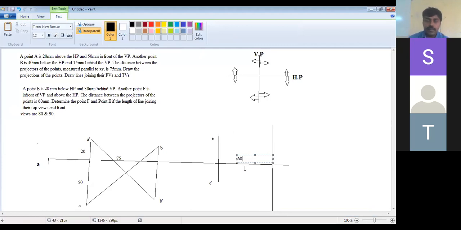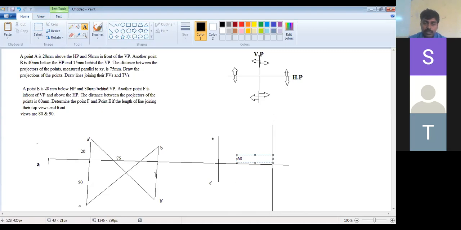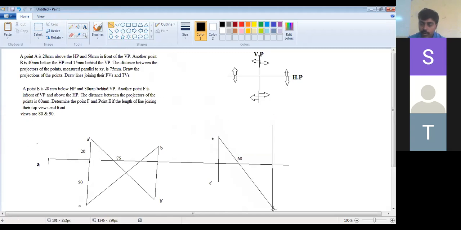So I marked 60. Now determine the point F if the length of the line joining the top views and front views are 80. So what should be here? A dash should be here, A should be here, that's what the first quadrant gives. Now the length of the line joining the top views is 80, given as 80, so from here I take 80, that is E and F. Take it at E, F. Please mention the distance there.